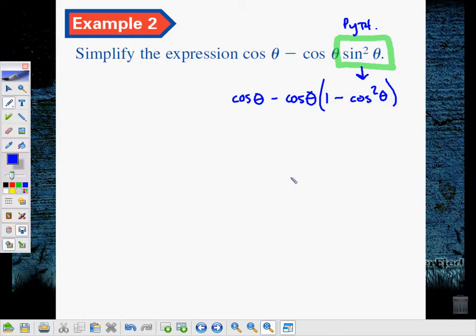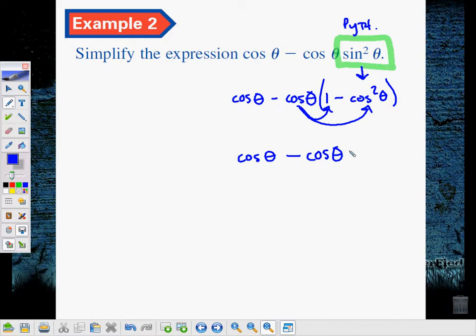All right, so with that in mind, let's see if we can simplify this a little bit further. What happens if I distribute this negative cosine theta to each of these terms? That gives me the cosine theta from the first one, minus cosine theta times 1, so minus cosine theta.